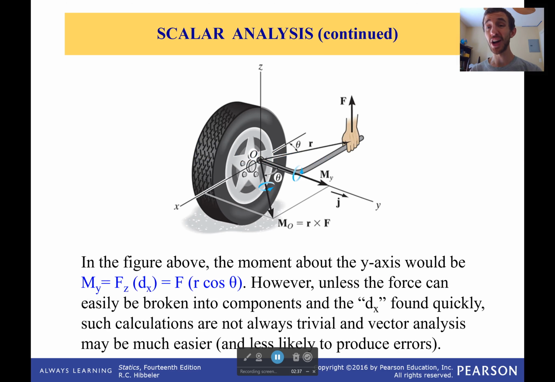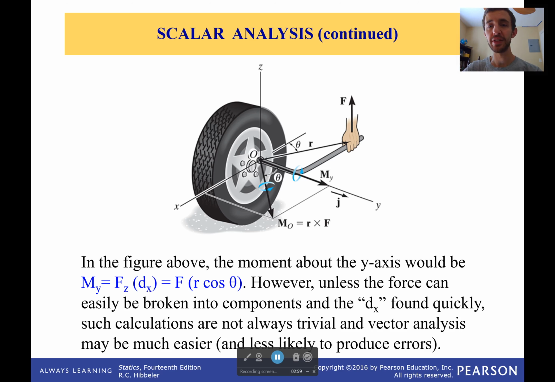Okay, so how do we actually calculate this? Well, if we don't have something super nice where it's just so easy to figure out, because the distance and the force are all perpendicular to each other, well, we can break it into components, okay? That's the easiest way to think about it. Just break it up into components.